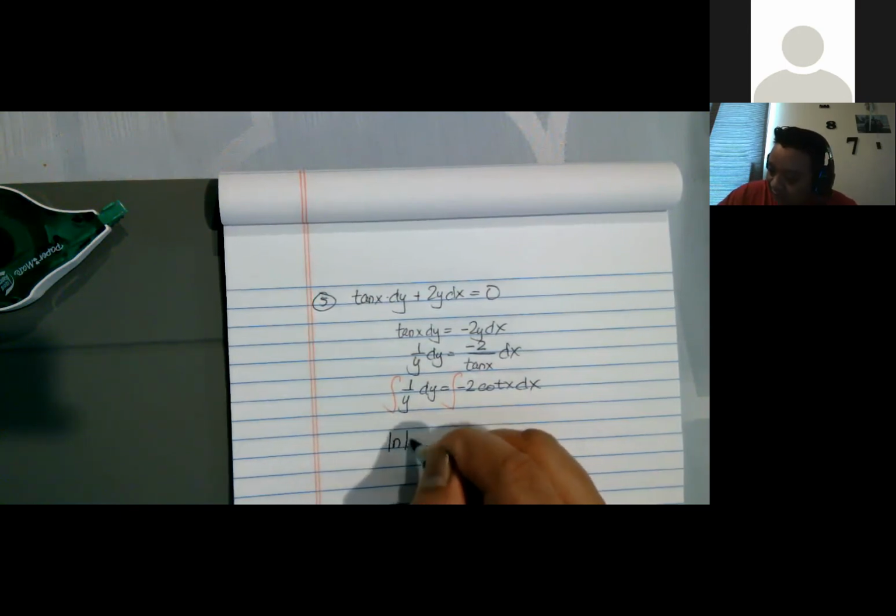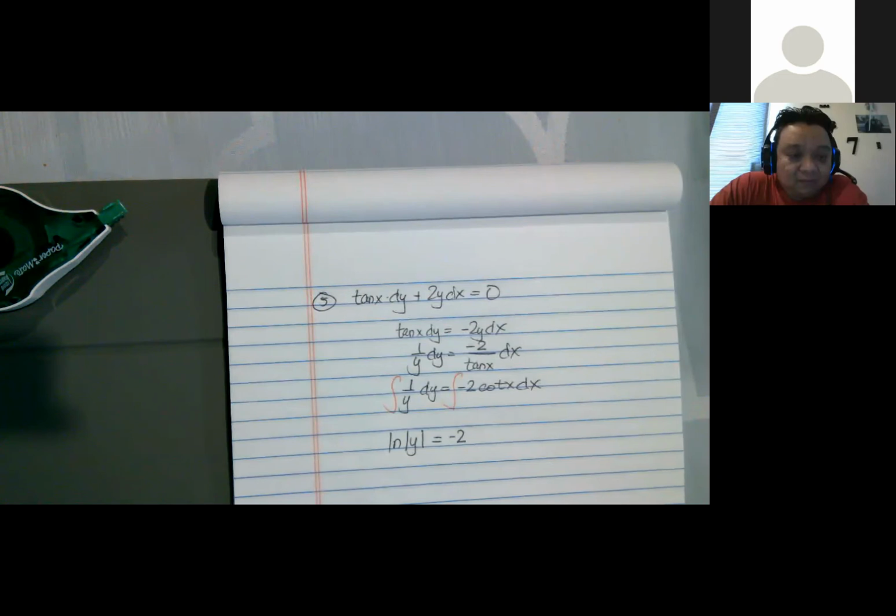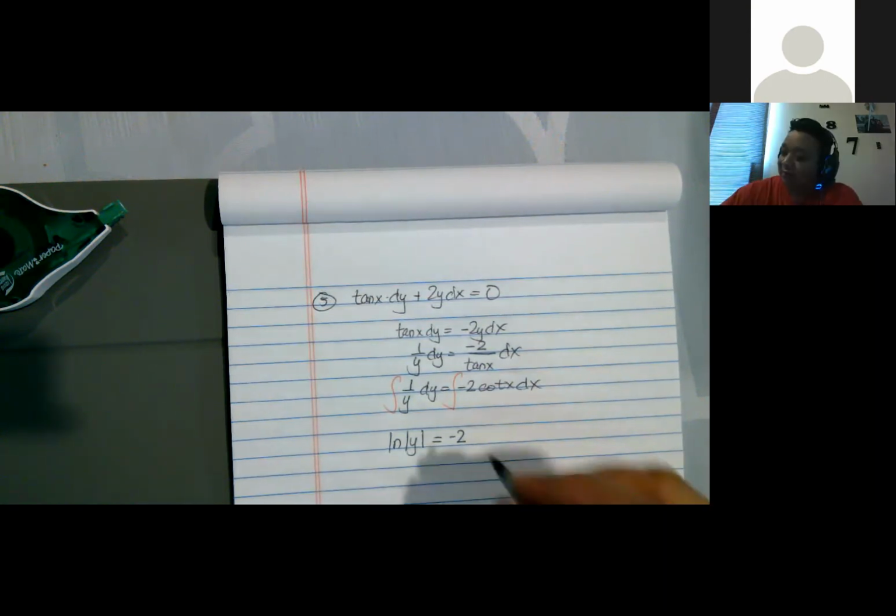It's natural log of absolute value of y. The right side is negative 2 what? What's the integral of cotangent? Natural log of sine.